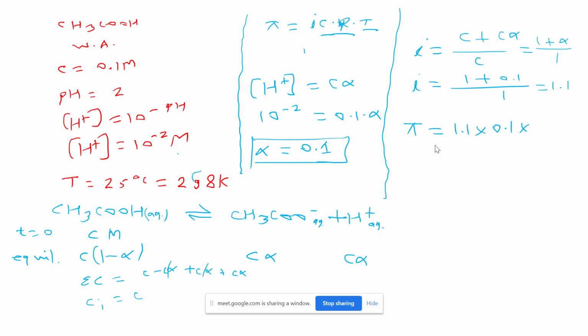If we want to calculate the osmotic pressure in bar, then we have to take that value. If we want to calculate this in atm, then we have to put R as 0.0821 or approximately 1 by 12. And temperature should be taken in the Kelvin scale, that is 298 here. Now this comes in atmospheric units. So this is the answer.